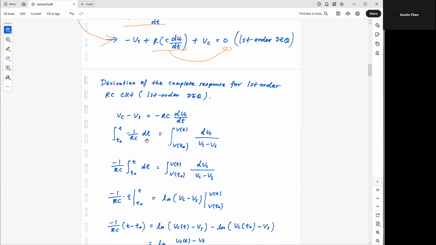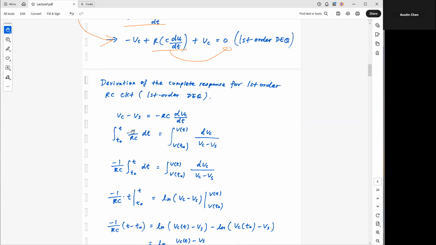So now on the left side, I have minus 1 over RC, integral of this 1 over RC with a negative sign with respect to dt. On the right side, I have 1 over VC minus VS, dVC, with respect to VC. And then my limits of integration obviously have to be a function of voltage as well, so V of t and V of t0. Okay, so that's my integral.